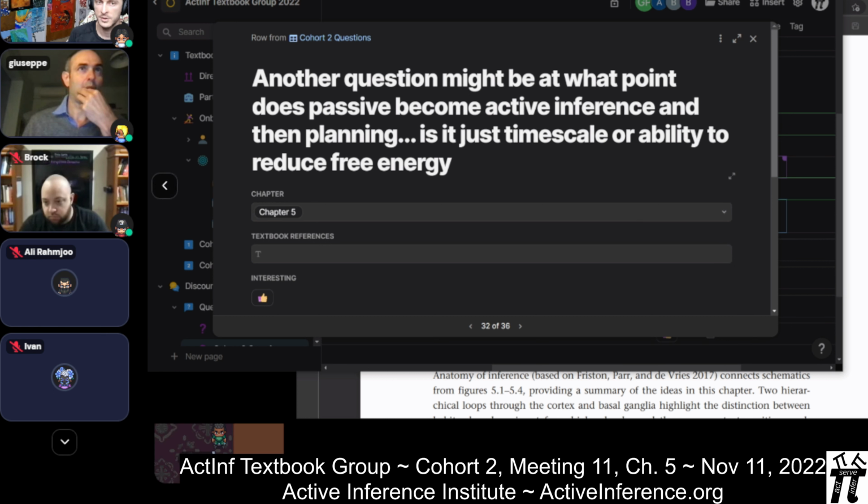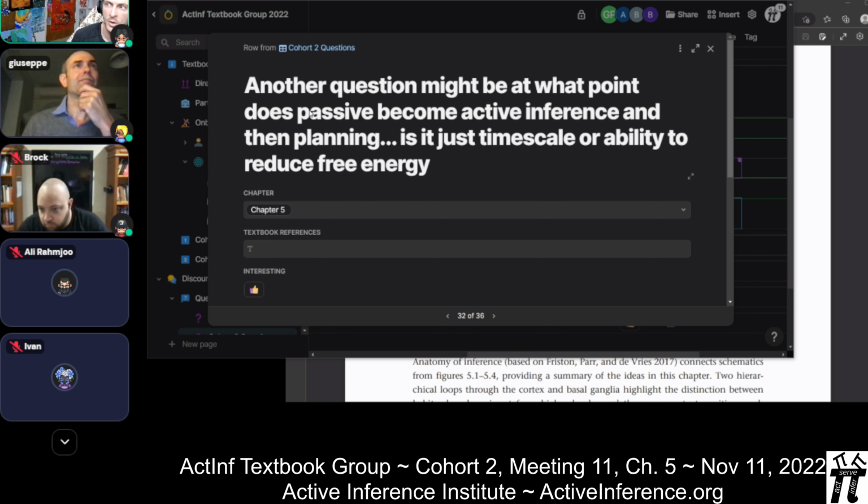Yes. Just shortly to close this and to address this final question: when does passive become active inference and then planning? Well, we could look at, from a Bayes graph perspective, is action involved? If the task is merely perceptual, we can say that it's passive inference. If ocular motor saccading is required, so even if the person's in a chair but they're moving their eyeballs, that could still be modeled as active inference. And you'd want then a unified imperative for inference and action.